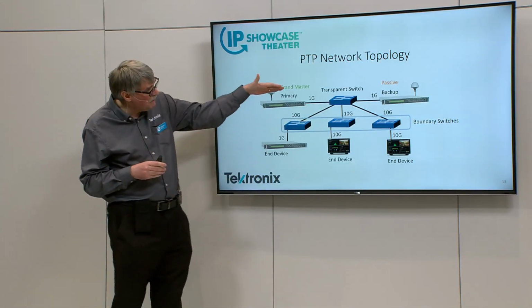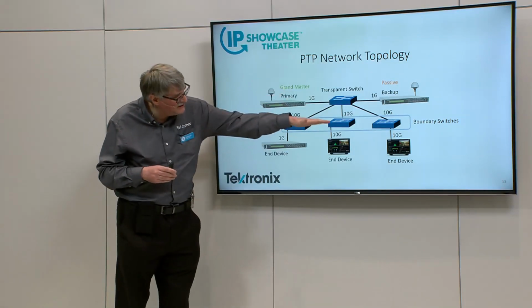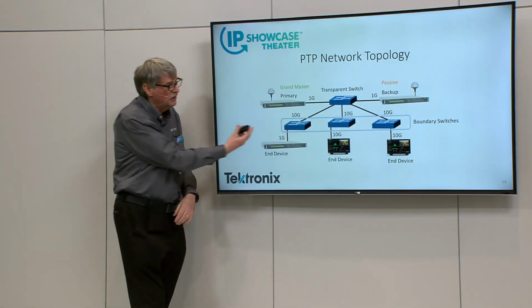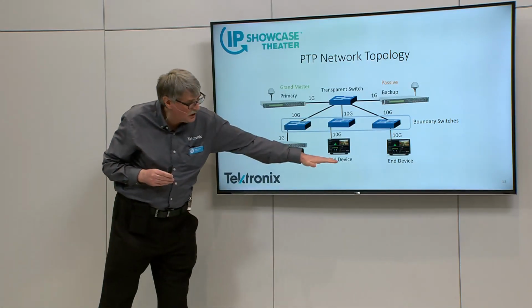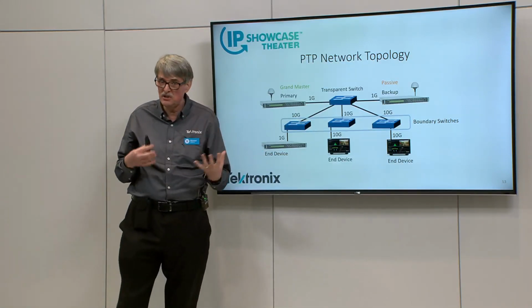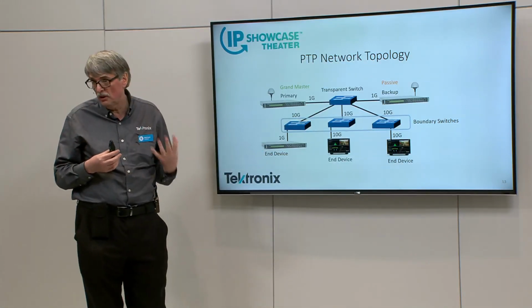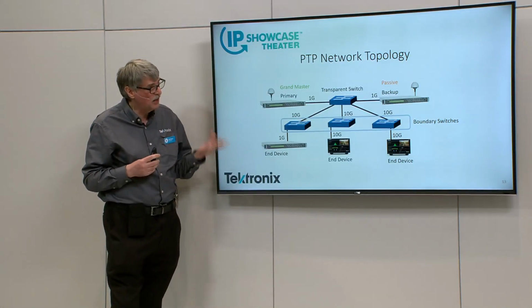So if we can keep our grandmaster boundary to the rest of the switches, then it's only going to have to deal with all the switches connected to the network, and it'll never have to communicate with all the end devices, and therefore we can reduce the amount of traffic for all those delay requests and delay response messages that we're sending across the network.